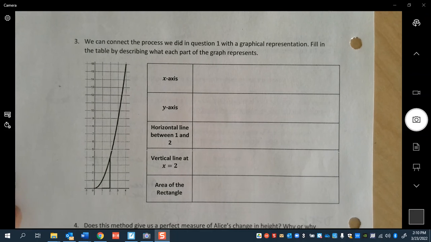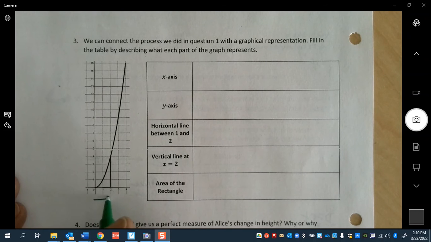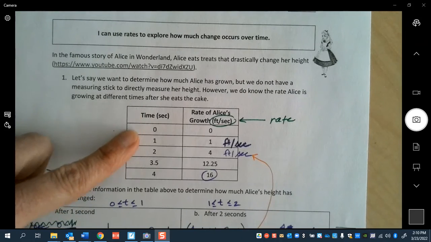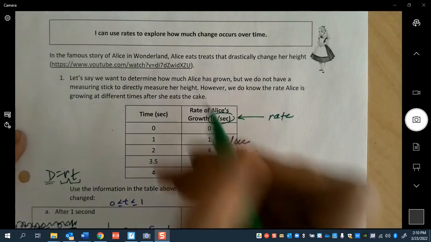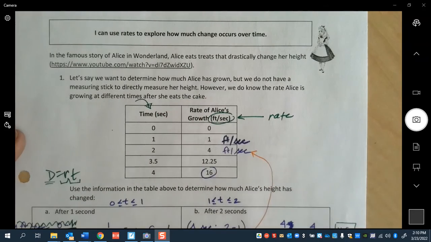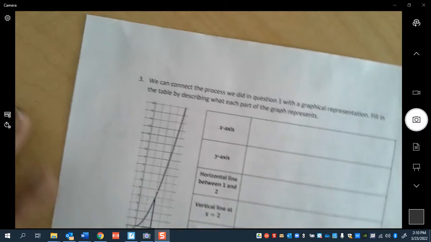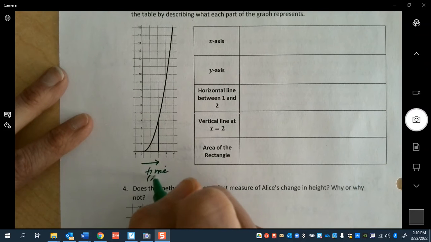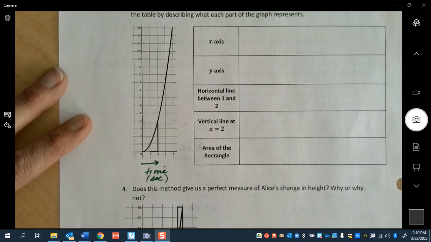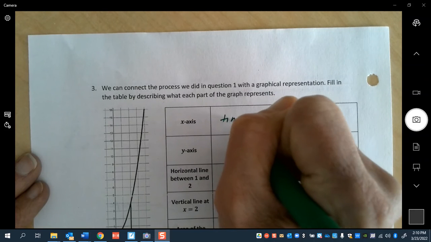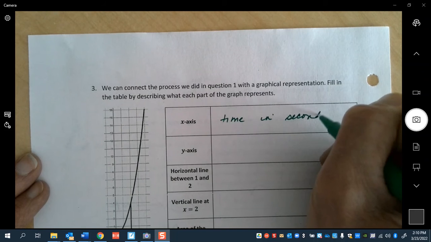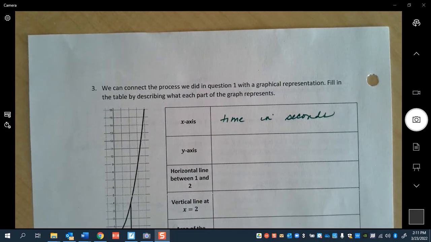So if I look at my x-axis, if I look at my input and come back to this chart, what is it that my x-axis or my input is represented by? Yeah, so your x-axis is going to be time. In what? That's going to be your time in seconds.